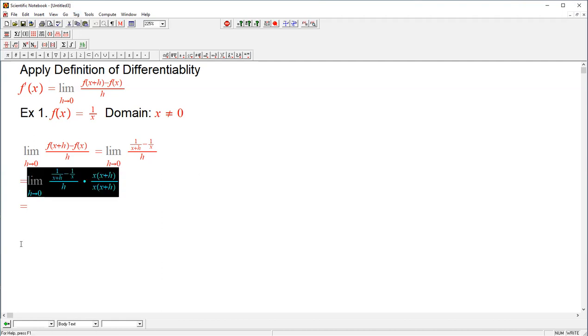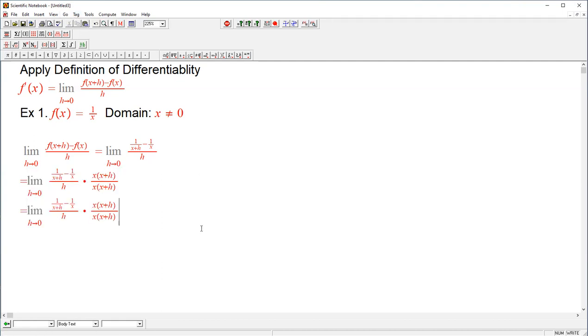We're doing all of this inside the limit. We cannot apply the limit law because the numerator approaches 0 as h approaches 0, and so does the denominator, so it is 0 divided by 0. So we're taking the limit of something approaching 0 in both numerator and denominator, and that's why we do these manipulations.